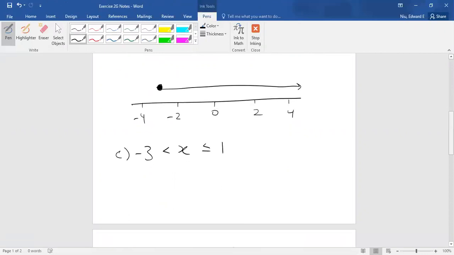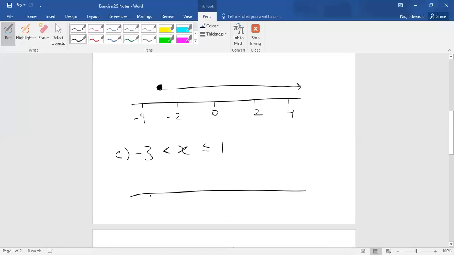Have a think to yourself before you even draw the number line. What numbers are greater than -3, but less than or equal to 1? Have a think. If you answered with -2, -1, 0, and 1, you are correct. Or any number in between, that's a decimal.